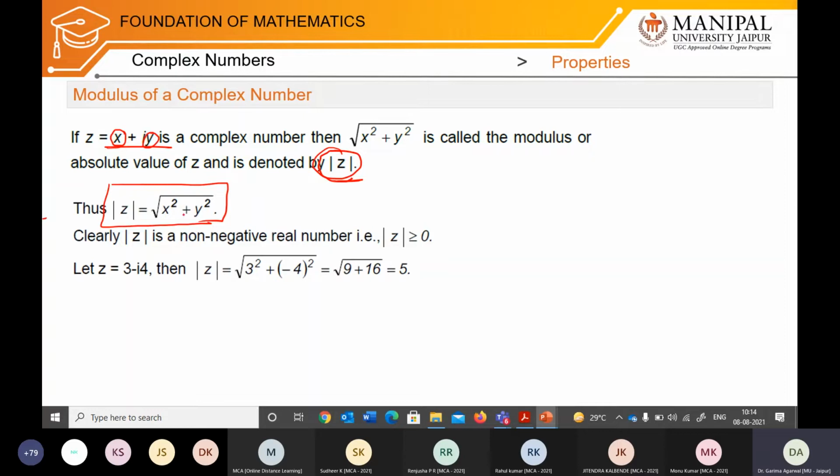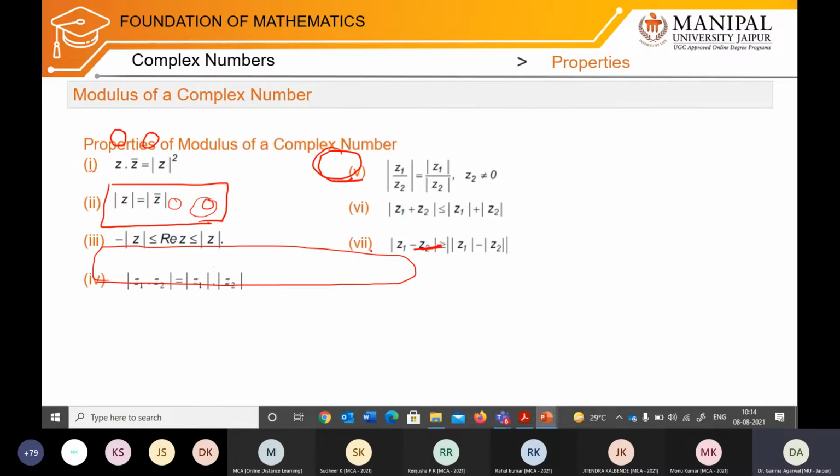Mod z cannot be negative because whatever the value of x, whether it is positive or negative, because of this square, it will convert into a positive value. The entire term will be positive. So mod z is always greater than or equal to 0. This is an example of mod z: 3 square plus (minus 4) square, this minus will convert into a positive sign, it will be 5, right? So this is the modulus of a complex number.